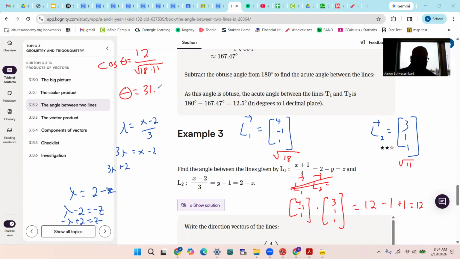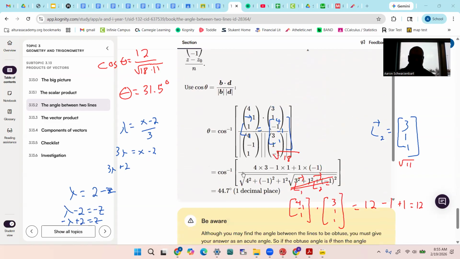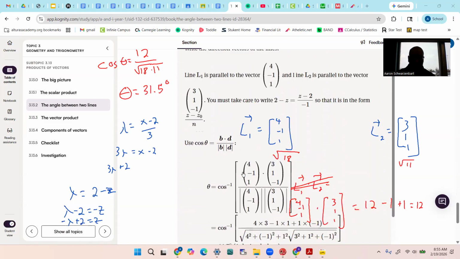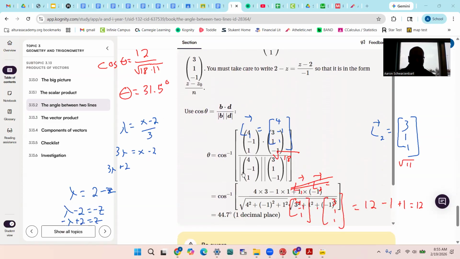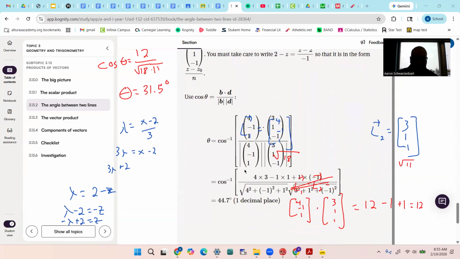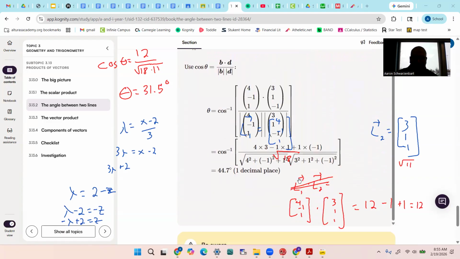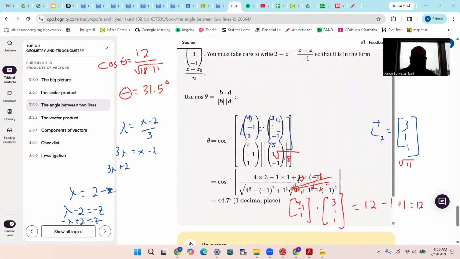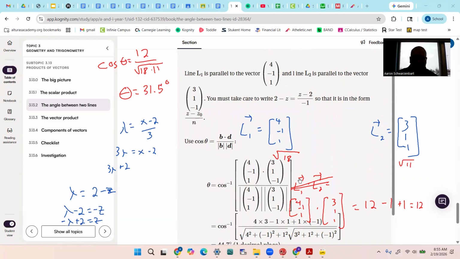So theta equals 31.5 degrees. It doesn't specify 3 significant figures, so the default is one decimal. Wait a second. 44.7. What did they get for a dot product?